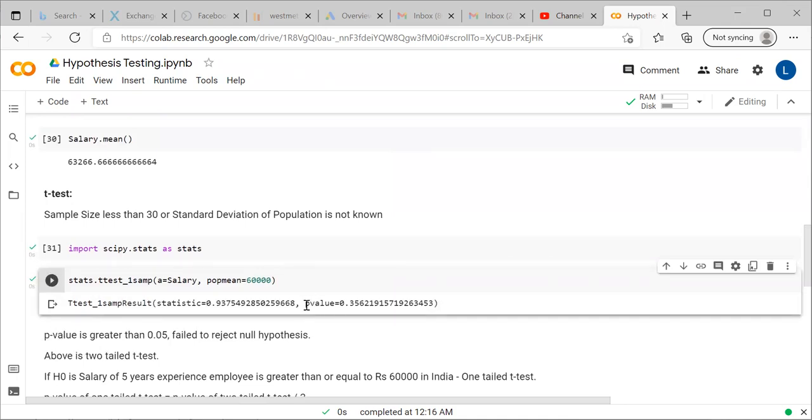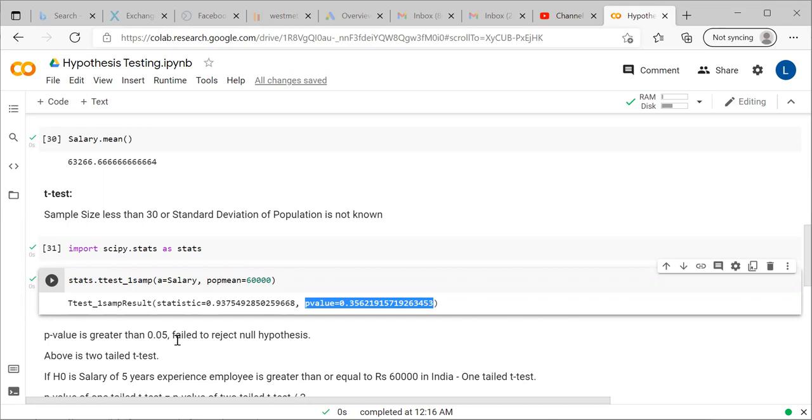We are getting a p-value, this one. So the p-value is greater than 0.05. As already explained, if the p-value is greater than 0.05, then we can't reject the null hypothesis. So the null hypothesis is valid, but it's not necessarily true. We can't be assured, but it's valid.